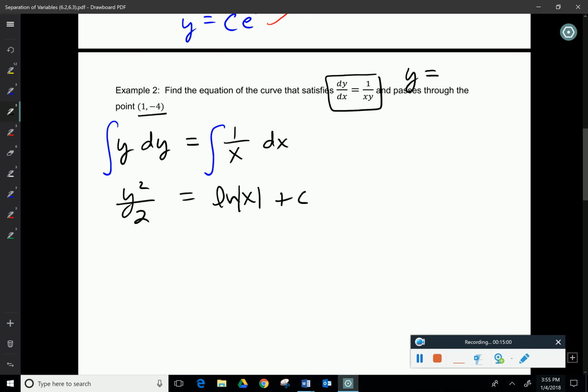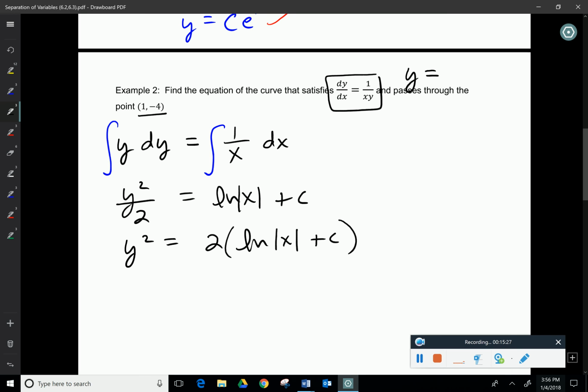Okay? Now this time, I don't need to make e the base of both sides, because if I solve for y, couldn't I just multiply by 2 and then take the square root? So if I multiply by 2, y squared is 2 times the natural log of the absolute value of x plus c.